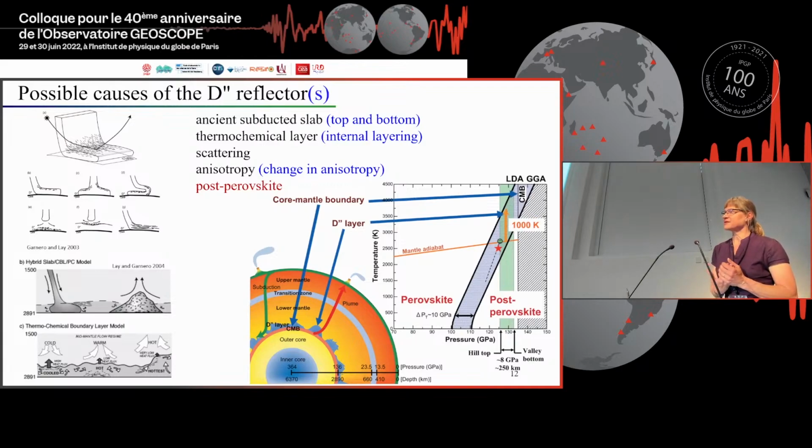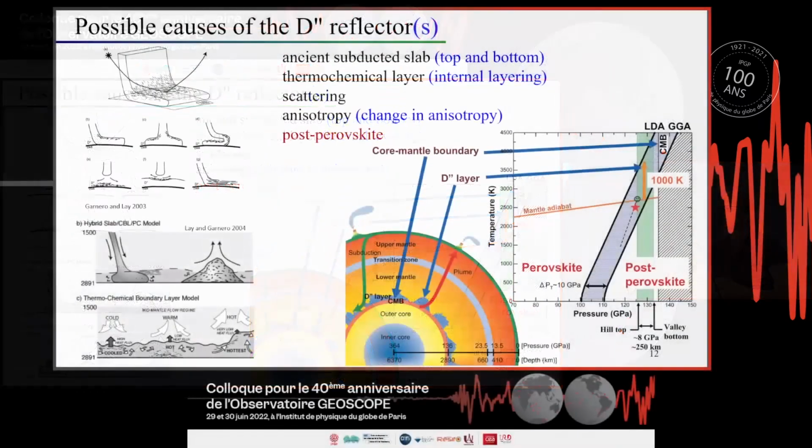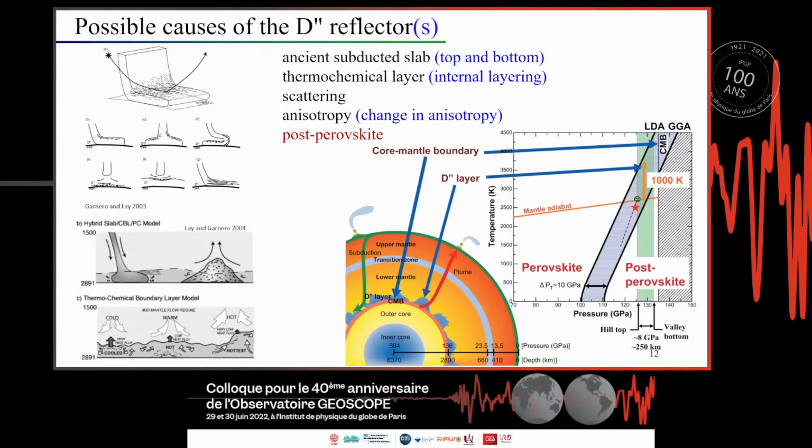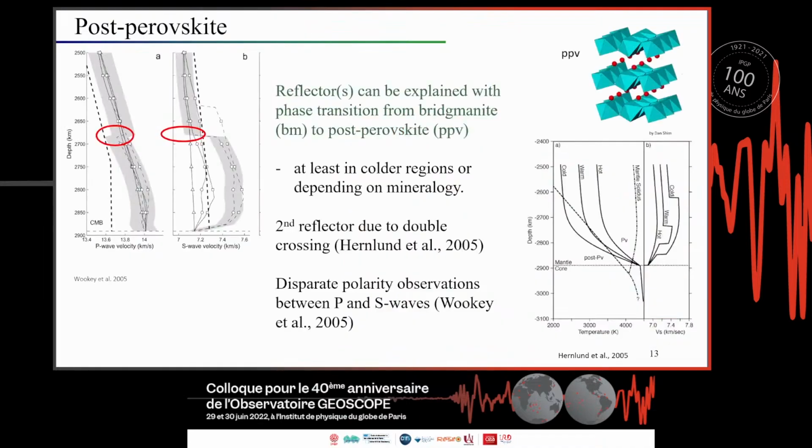But then in 2004, post-perovskite was discovered in experiments and also predicted theoretically. Post-perovskite is the high-pressure form of bridgmanite, and the transformation from bridgmanite to post-perovskite will happen somewhere around 300 kilometers above the core-mantle boundary, which of course was really nice and good news.